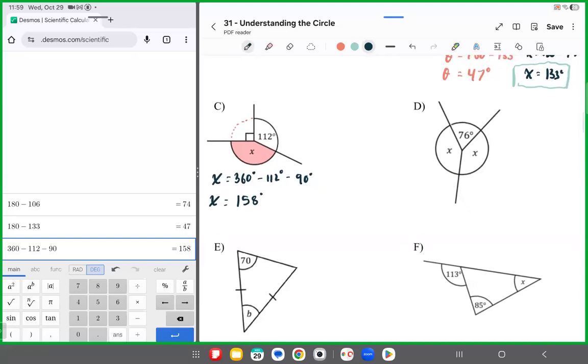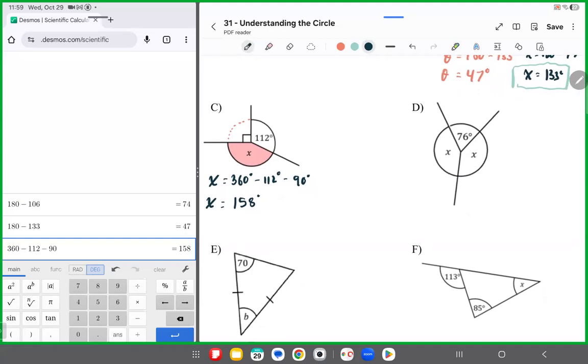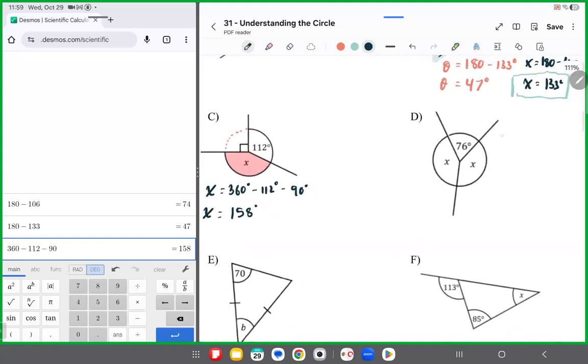Similarly, for letter D, we have the case where we're solving for two x's, but we're only given one angle. Well, we know that all three of these, the 76 and the two x's, must sum to 360. So we can write that as a statement. 360 degrees must be equal to 76 degrees plus x plus x. Well, x plus x is 2x, so 360 is equal to 76 plus 2x.